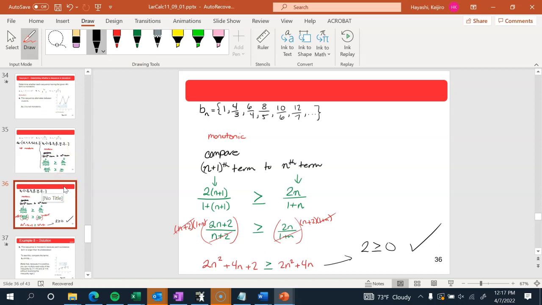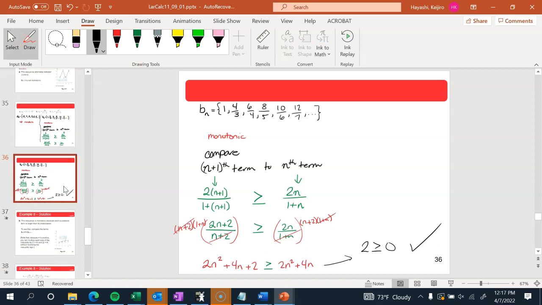And then the last sequence, right? So if you wanted to prove the monotonicity of a sequence, this is how you would do it. You would plug in n plus 1 into the formula for the nth term to get the n plus 1th term, and compare that in an inequality to the nth term, which is just the formula itself, and eventually you'd be able to reduce it to some sort of inequality.